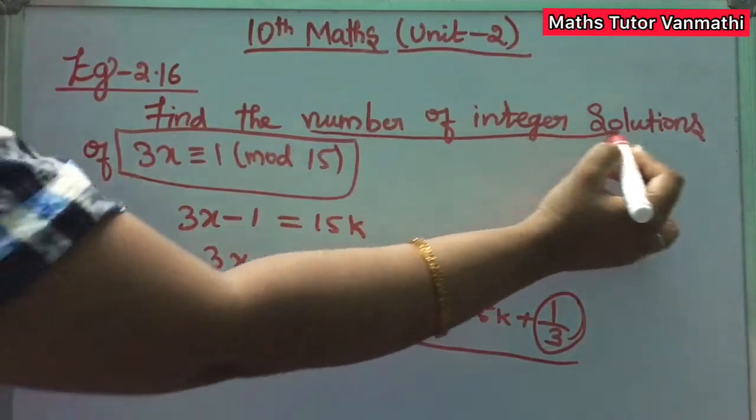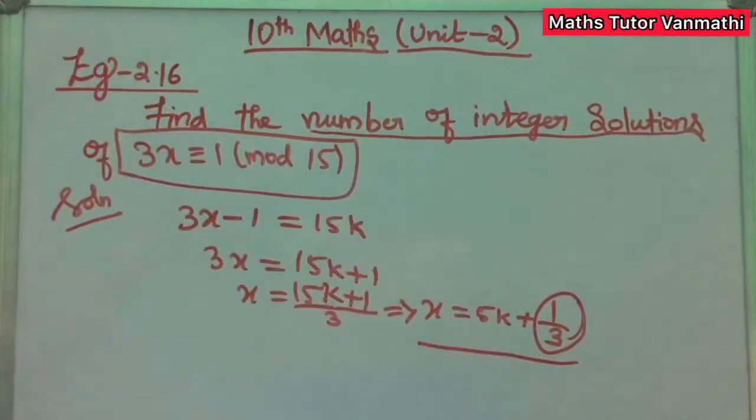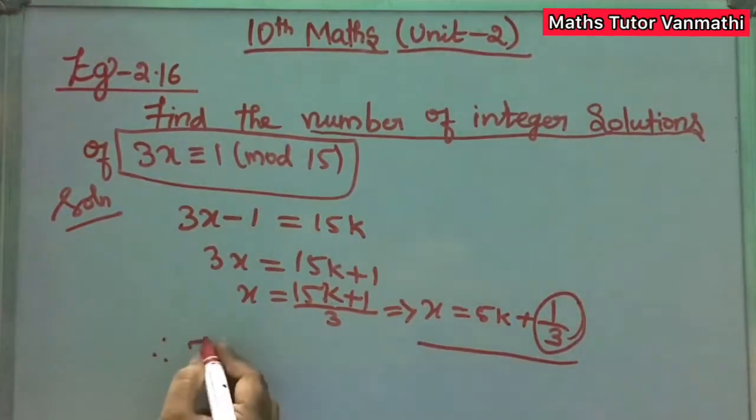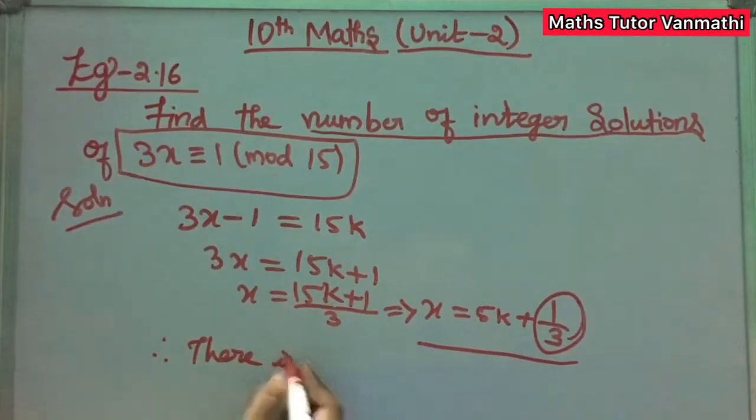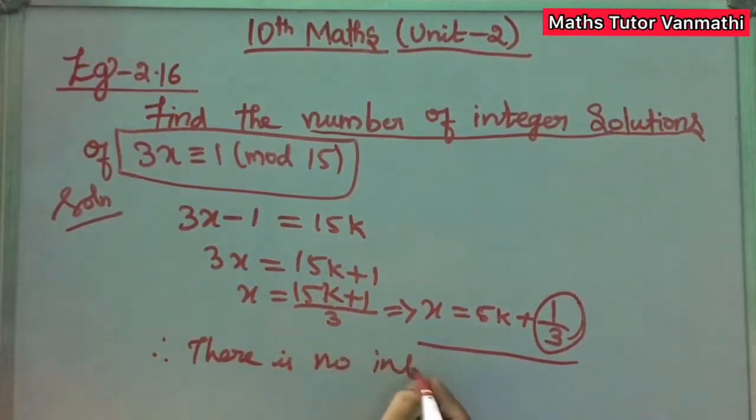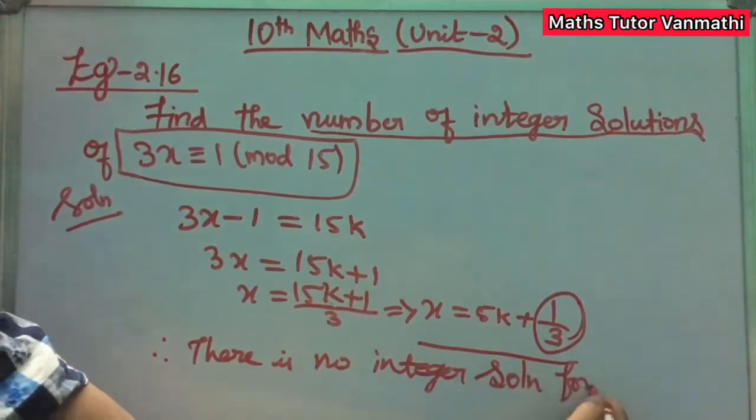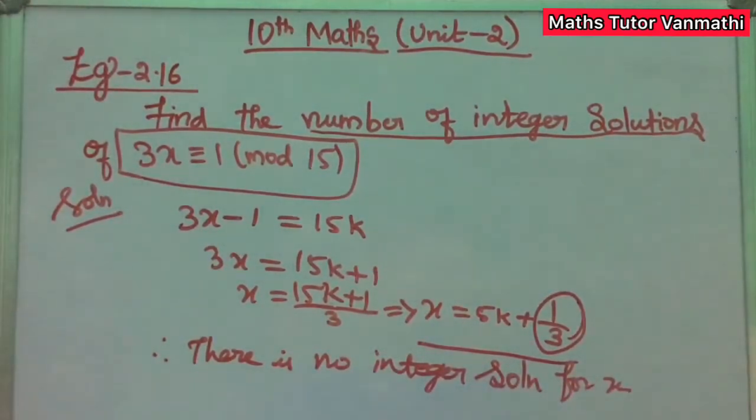We need the number of integer solutions. But your answer is coming in fractions. So from this we can say that there is no integer solution for x. Clear? Let us go on to the next problem.